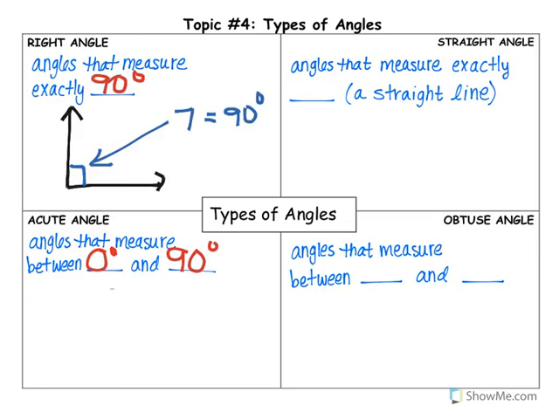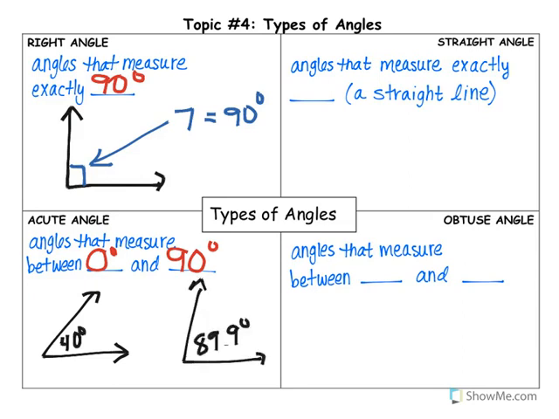There's no symbol like we have for right angle, so usually you just know the angle measurements. Like 40 degrees, which is between 0 and 90. Or even as close as 89.9 degrees, right? That's less than 90. That is an acute angle.